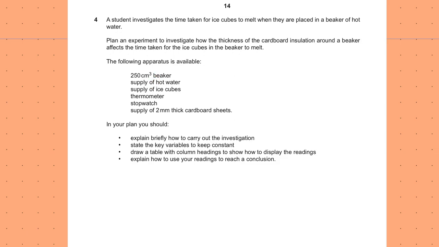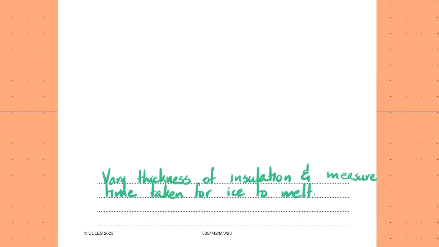So obviously I'll use the beaker, and in this beaker I'll pour the hot water, I'll place the ice cubes, and then the thermometer will tell me how much the temperature is dropping by. Stopwatch is for taking the time, and then I can cut out some portions of these to create varying thicknesses, right?